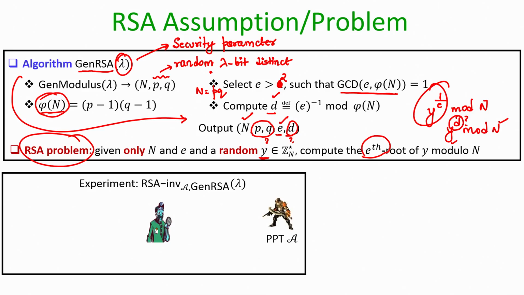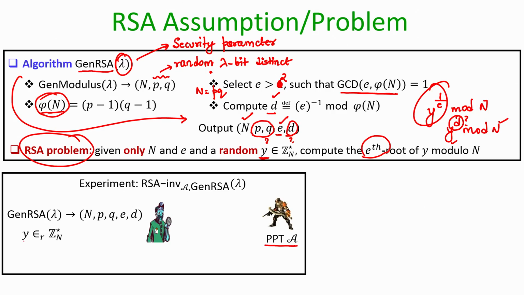Again, this might look like a vague experiment for the people who are taking this course, but if you have gone through the foundations of crypto course, then we know how to model various difficult problems in terms of a security game. So, in this security game, we have this probabilistic polynomial time adversary, and we have a verifier. The verifier presents an instance of the problem, namely it runs the Gen RSA algorithm and generates all the parameters.